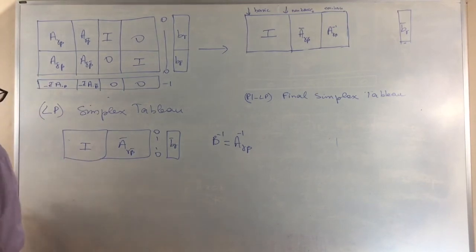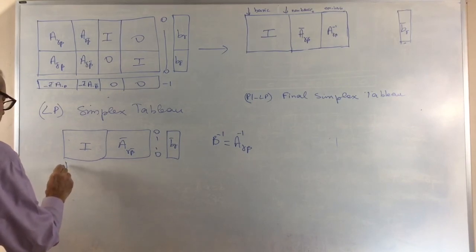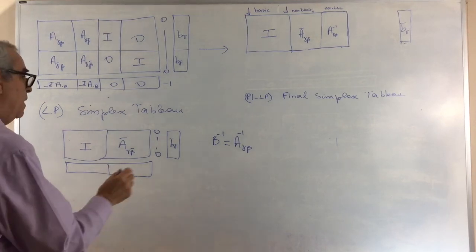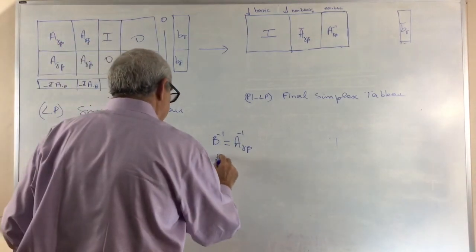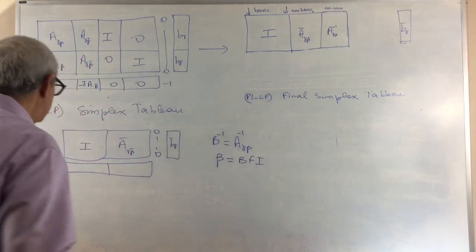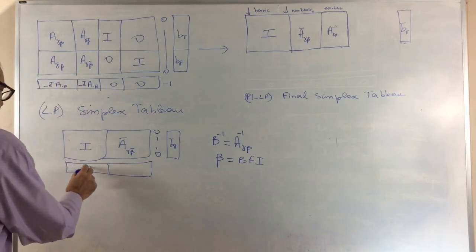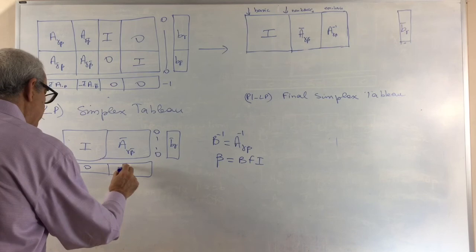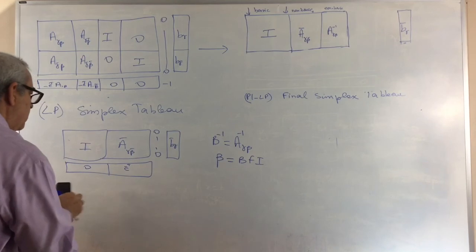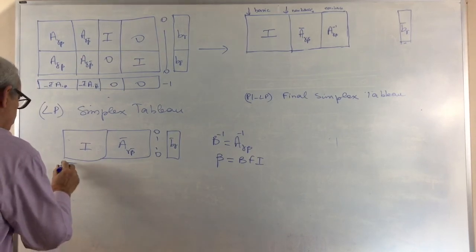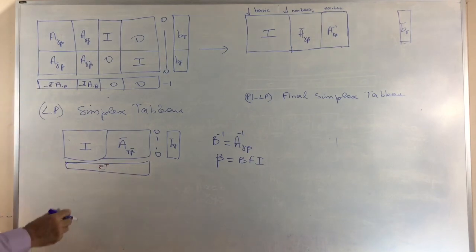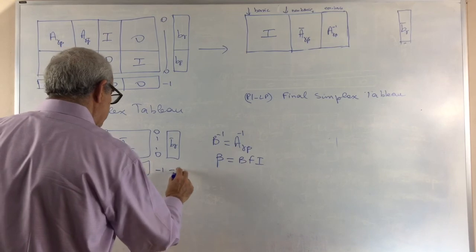And I also have my beta, my BFS, right? So here of course goes 0, and this goes C bar transpose, as in the previous notation. And then minus 1 and minus theta bar.